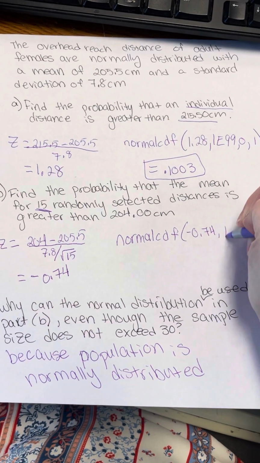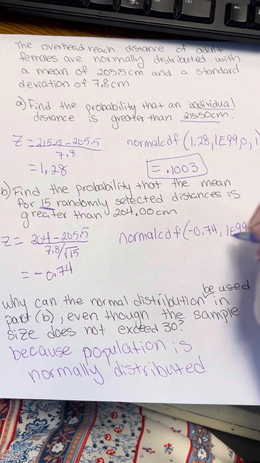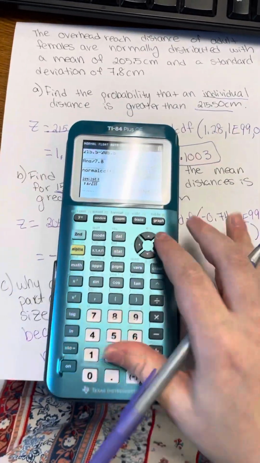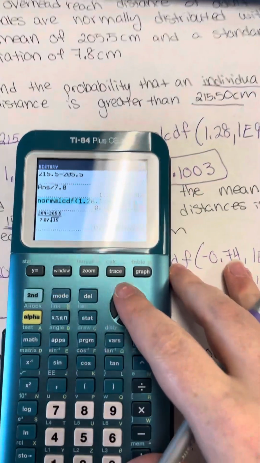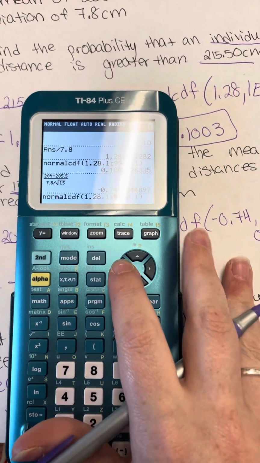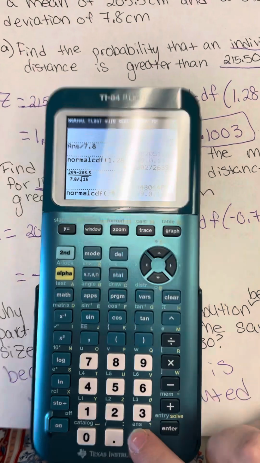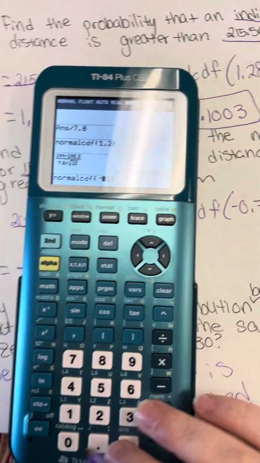I'm going to go to 1e99, and still 0, 1 for the mean and standard deviation. I'm actually just going to repeat this one and change the z-score to negative 0.74.